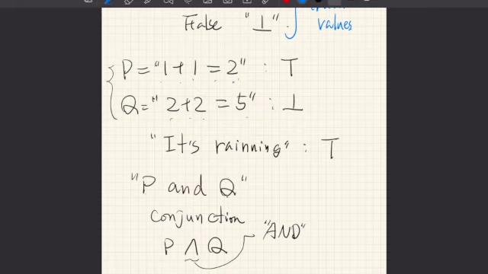If we know the truth values of each of P and Q, then what is the truth value of P and Q? It is defined by a table called a truth table.